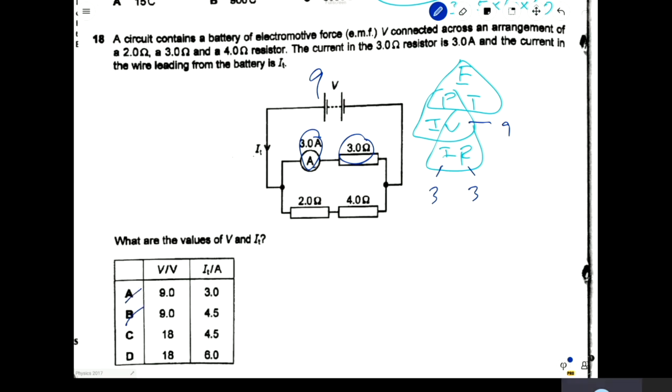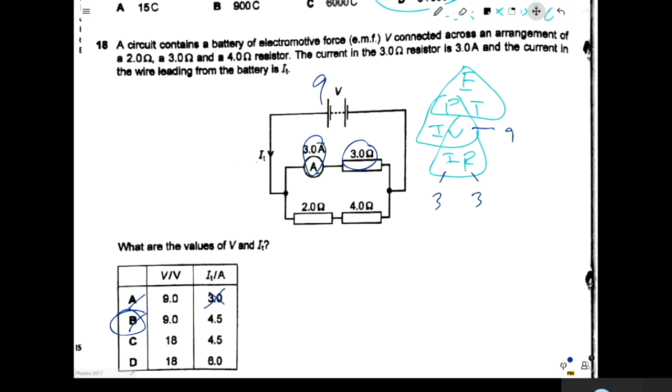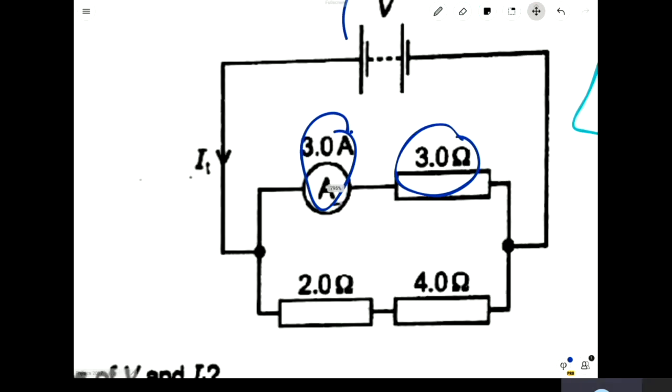Okay, so it's either this or this. Yeah. Next, must find the current. So the current cannot be 3. Answer straight away B. Why cannot be 3? Because here is already 3. This one is equal to 3 plus the current here.